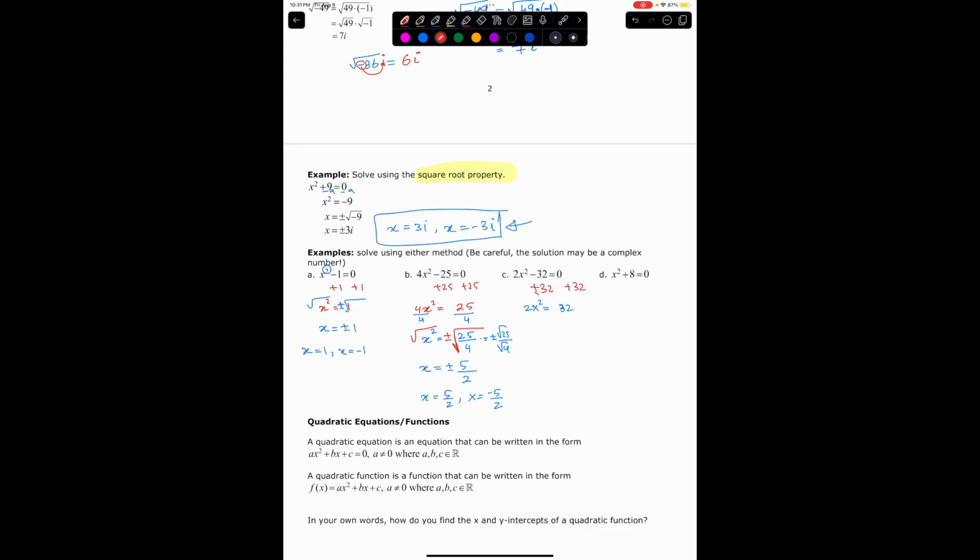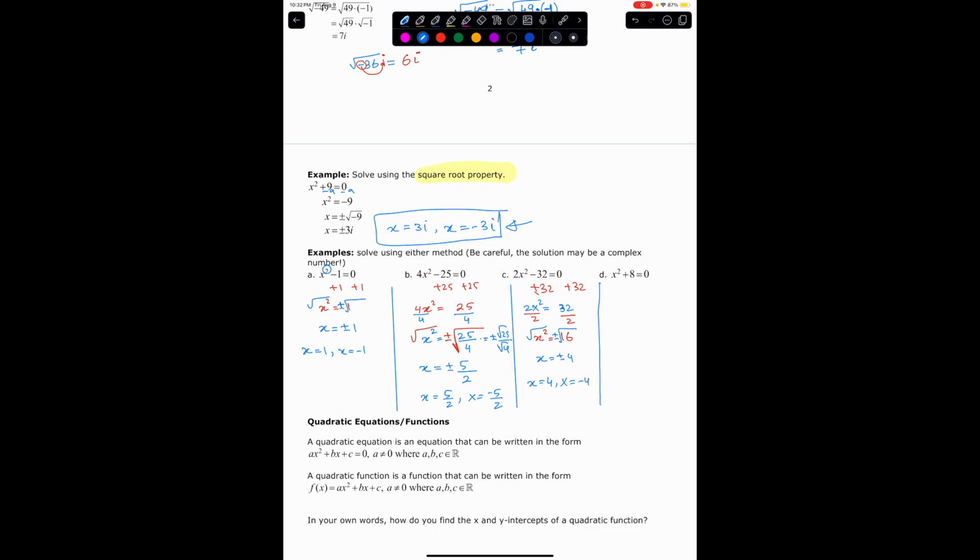Now we're going to divide both sides by 2. So we have x squared equals 16. Now we're going to take the square root, positive, negative, square root. So we will end up with x equals positive and negative 4, which means x is equal to 4, x equals negative 4.